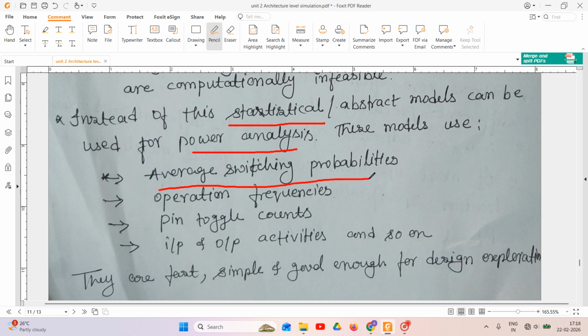Rather than directly counting the number of switching activities or operations, here we consider the average switching probabilities, operation frequency, pin toggle counts, input and output activities and so on. If we consider like this, the speed of computation increases, and it is also very simple. So it is good enough for design exploration.